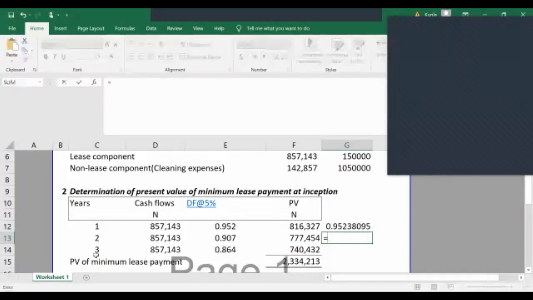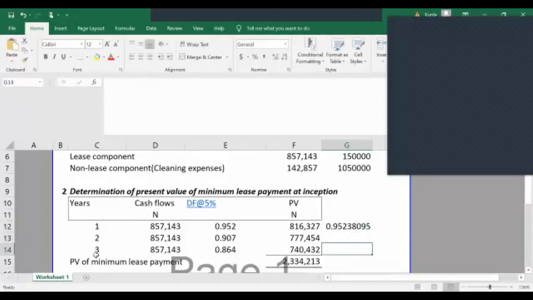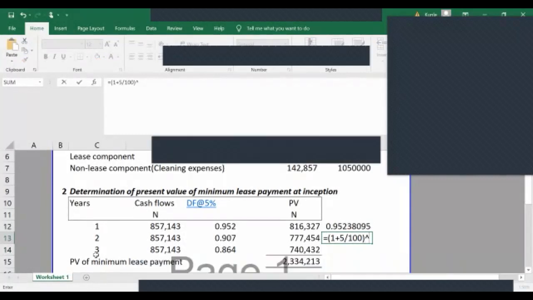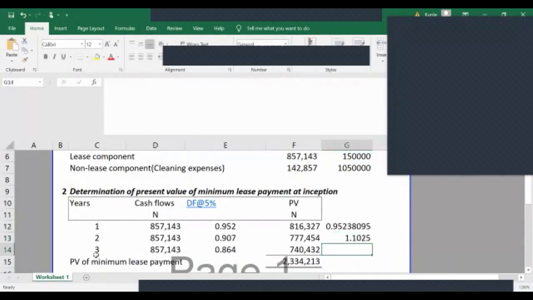You will do the same thing for year 2. You say equals, open the bracket, 1 plus 5 over 100, close the bracket, raise it to power what? This time we are calculating for year 2, so it will be -2.